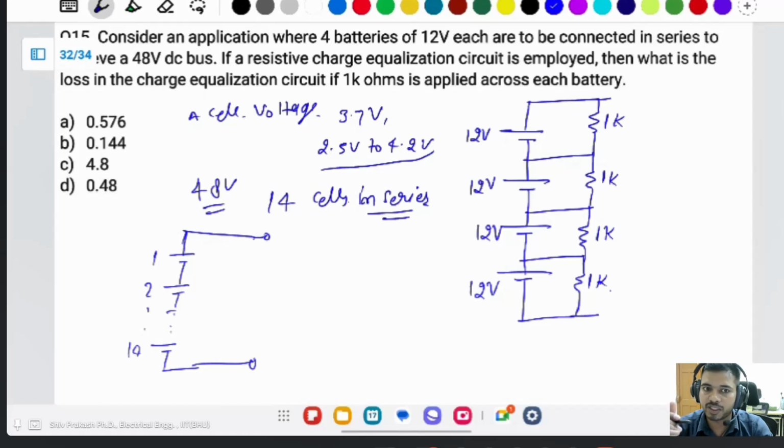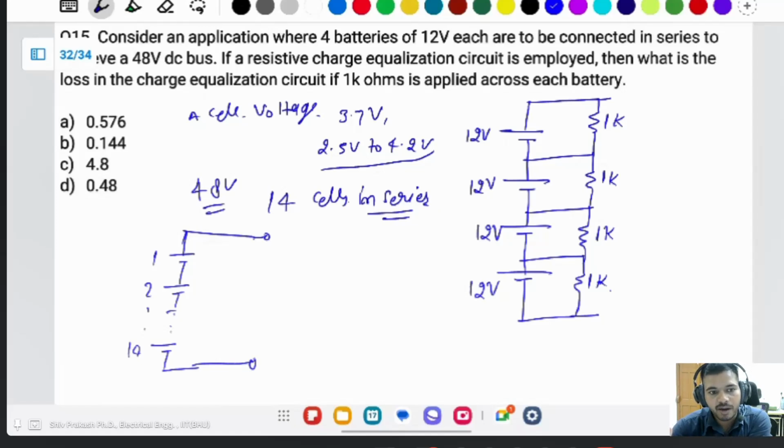Like if you exceed 4.2 volt, then it will cut off the charging controller, even if other cells are not fully charged. If any cell of the whole 14 cells crosses 4.2 volt, then it will cut off the power supply.